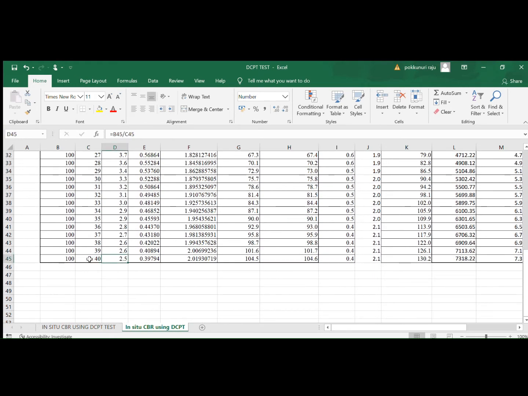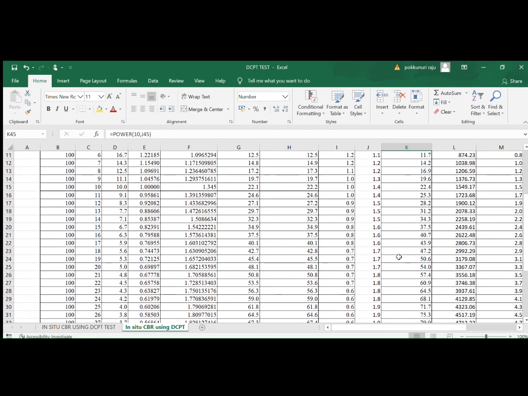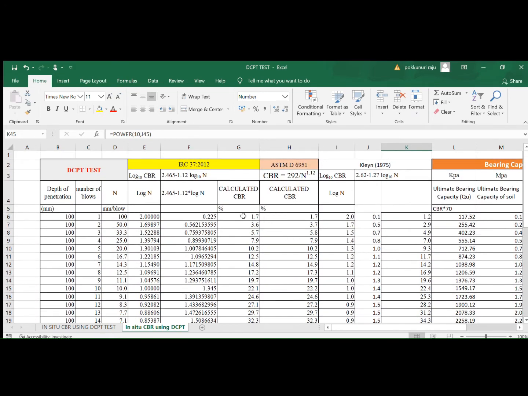That means the number of blows is 40 for a depth of penetration of 100, the n value is 2.5, and the corresponding CBR is 104.5 by IRC and 104.6 by ASTM. But in Klein's equation, the CBR value is much higher, approximately 130.2.